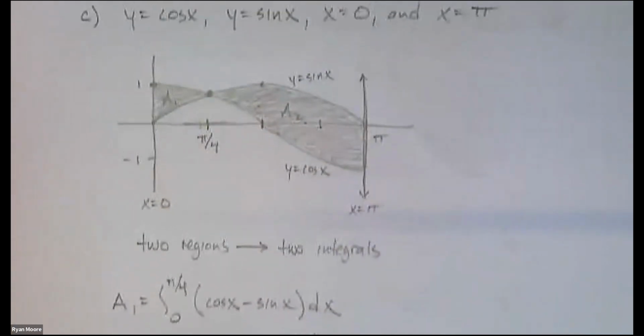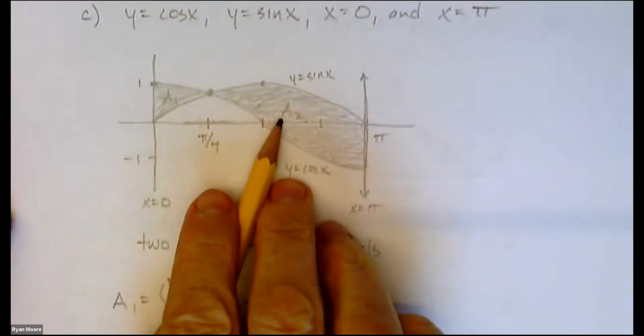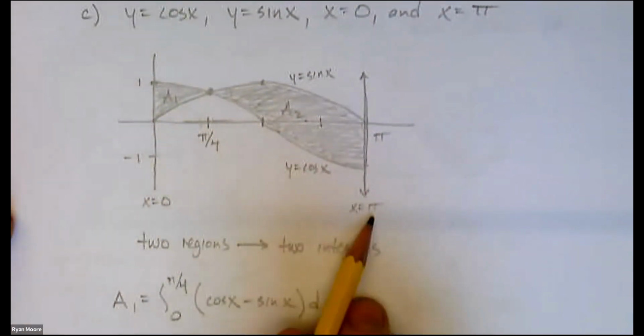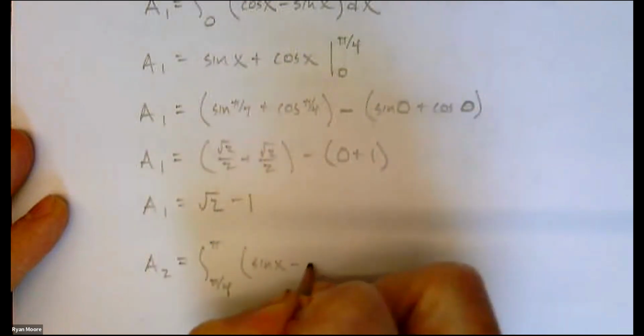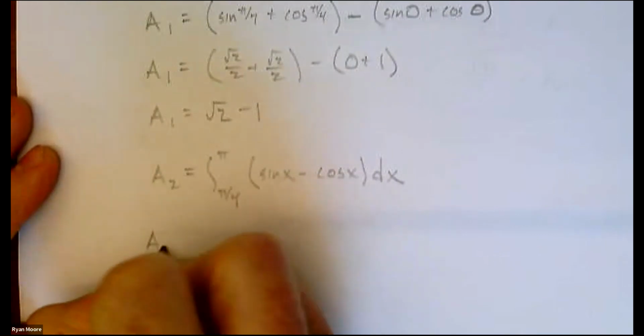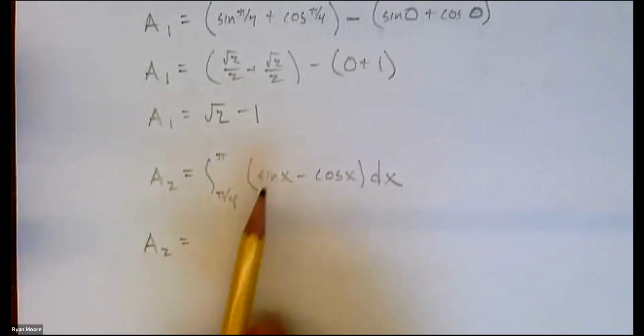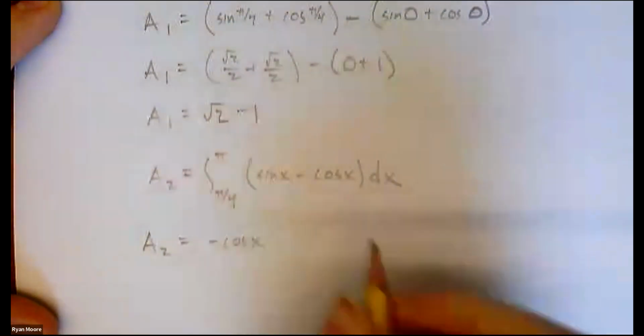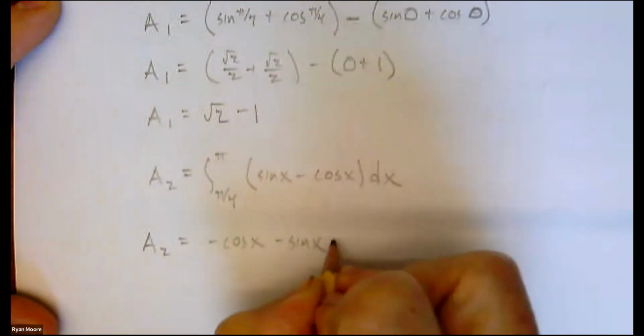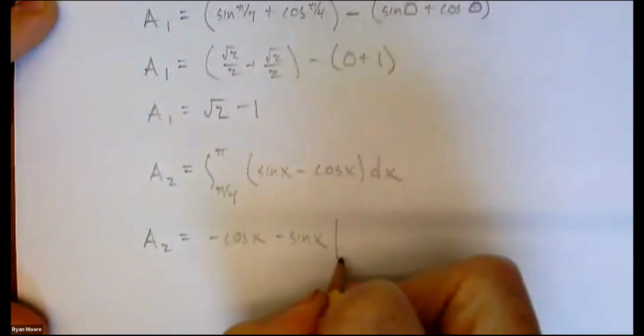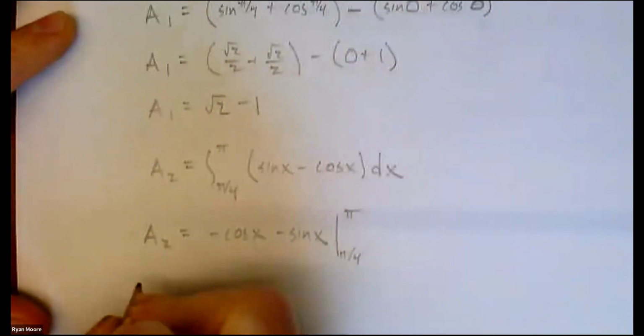Okay. Area 2 goes from pi over 4 to pi, and now sine is on top. Sine x minus cosine x. Antiderivatives, let's see. Derivative of cosine is negative sine, so this must be negative cos x minus sine x. Be careful with your negatives and positives. From pi over 4 to pi, okay.